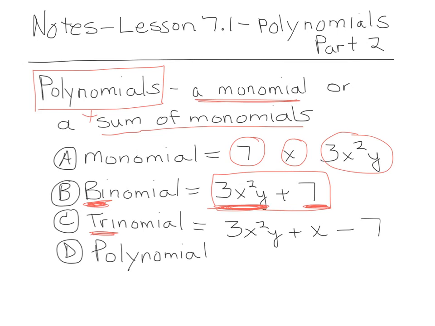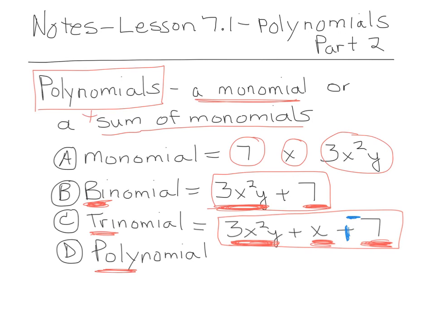That whole thing is a trinomial because there are 3 terms separated by addition or even subtraction. And then if it has more than 3 terms, you just call it a polynomial. Poly means many.